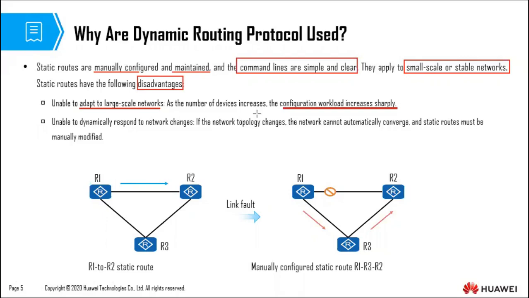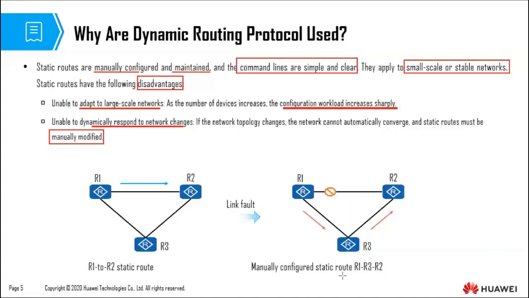So that's the problem again with static routes. It's unable to dynamically respond to network changes. So if network topology changes, they cannot automatically converge. Static routes must be manually modified in case there is a failure in the network.